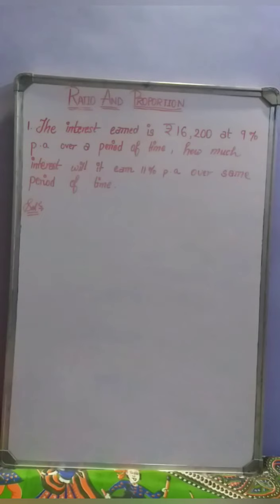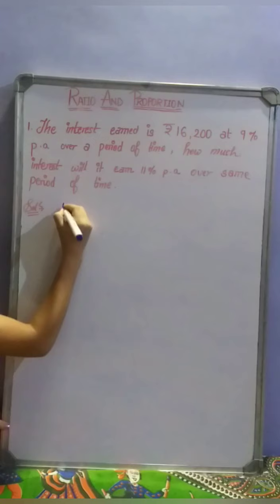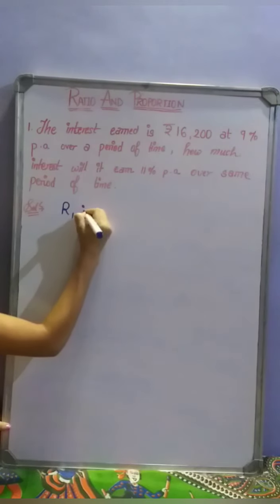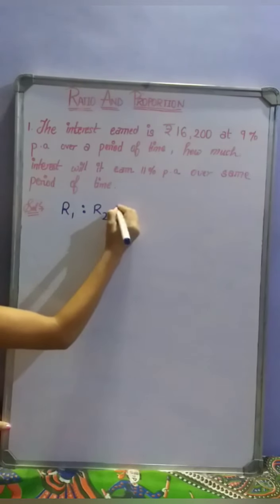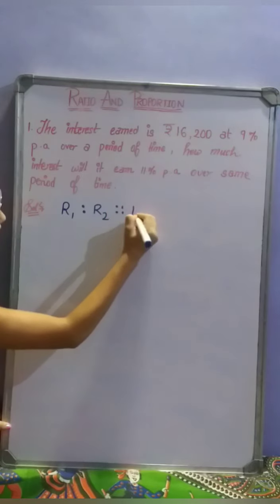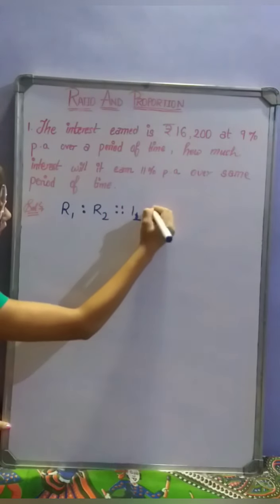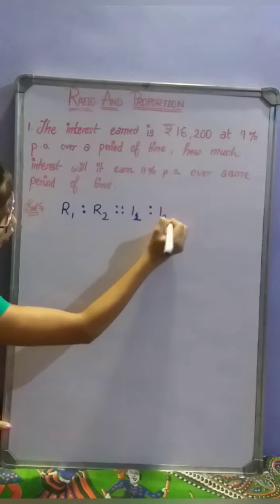The question is telling us that the interest earned on a certain amount of money is rupees 16,200 at 9% rate of interest. Now the question is, how much interest will be earned at 11% per annum? So rate 1 is to rate 2 as interest 1 is to interest 2.